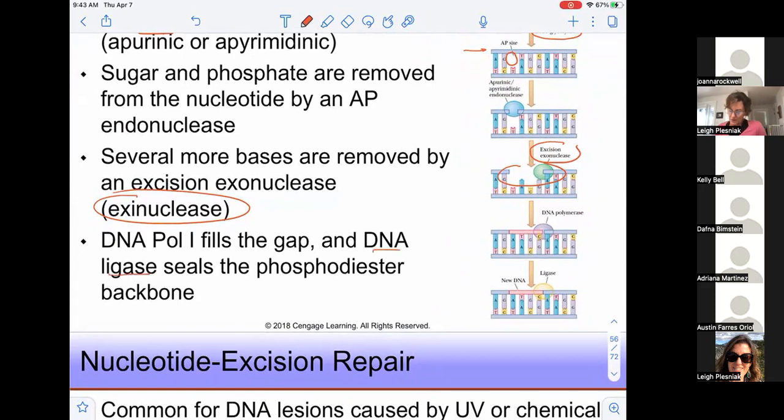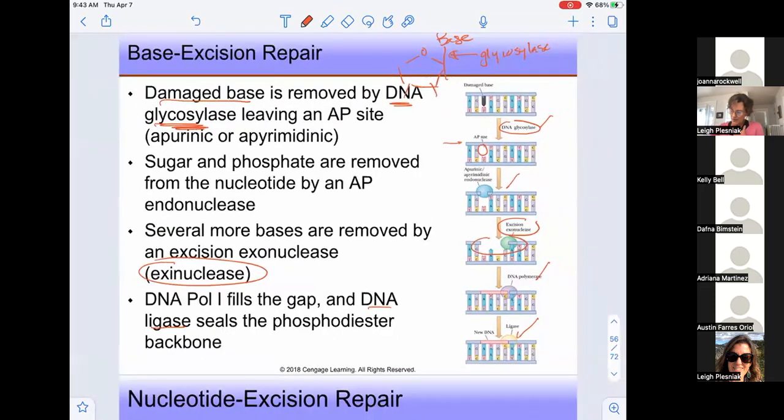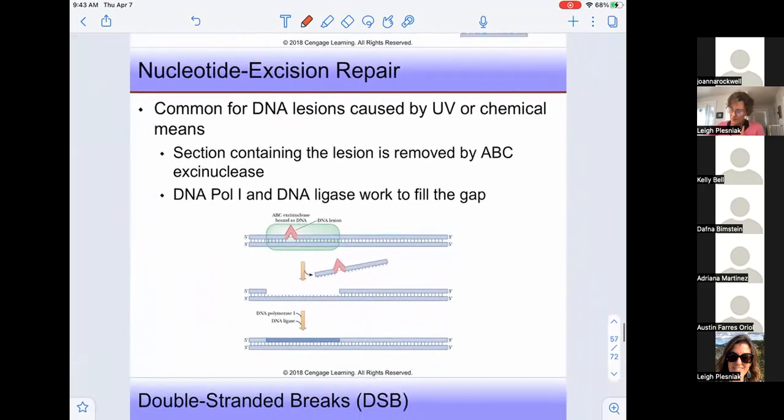And then remember that ligase is the enzyme that can seal nicks in the backbone. Okay, so what is it, like 4 steps? Glycosylase, exonuclease, then putting it back, and then ligating. Okay, so that is one kind of repair.